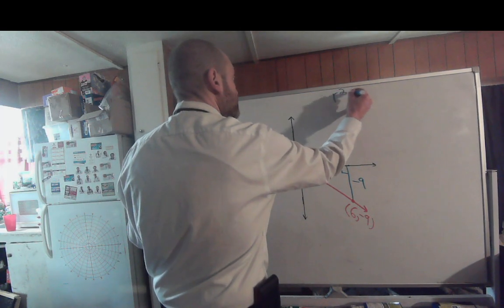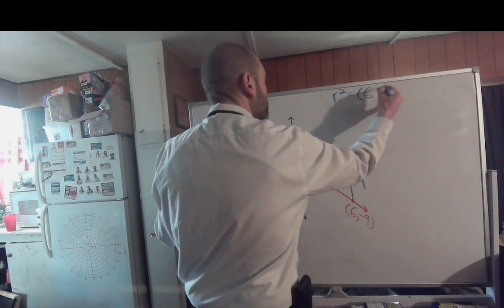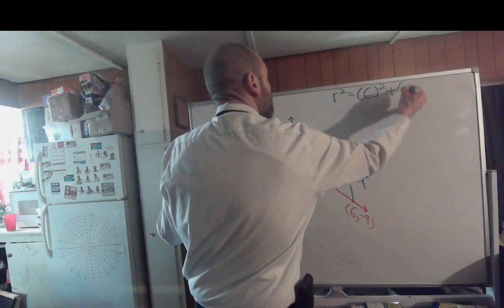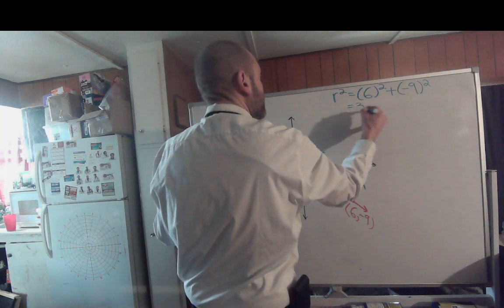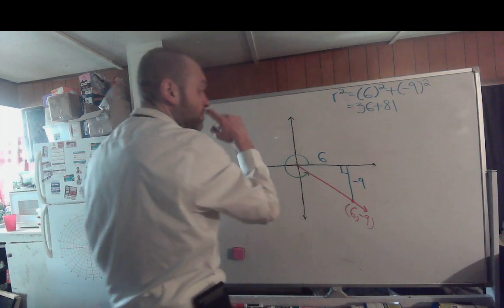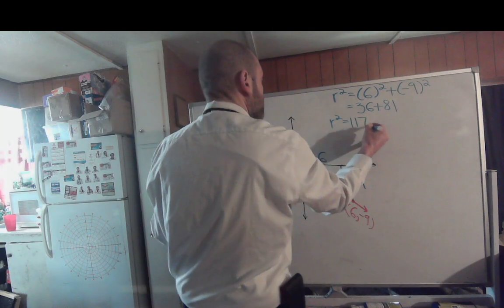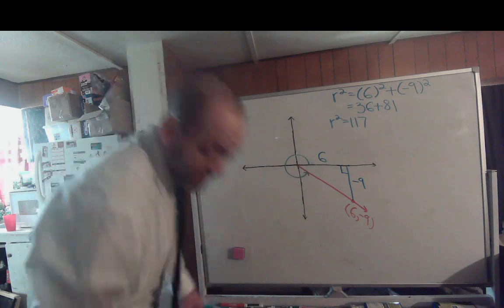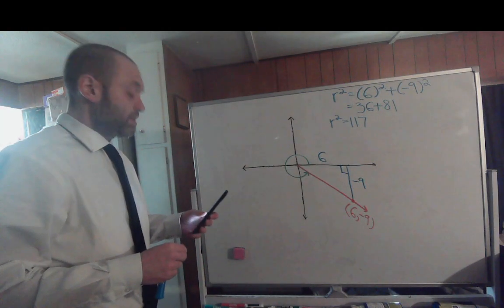So the radius squared is going to then end up equaling 6 squared plus that -9 squared, which would equal 36 plus 81, which means the radius squared would equal 117. Well, let's see if that radius breaks down at all.